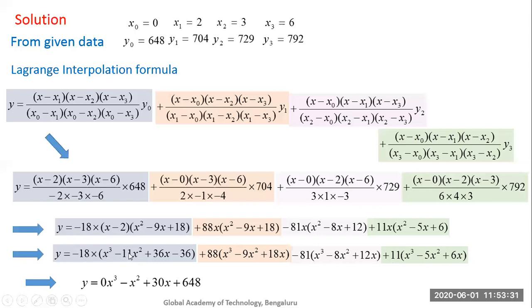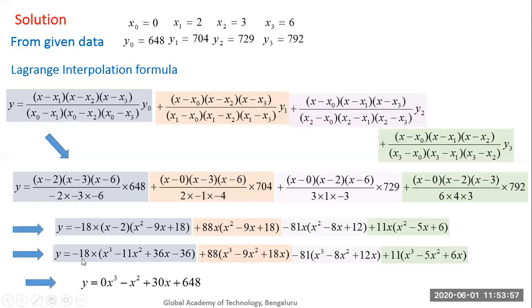Next, minus 18 into minus 11 plus 88 into minus 9 minus 81 into minus 8 plus 11 into minus 5. We get minus 1 into x square. Similarly, minus 18 into 36 plus 88 into 18 minus 81 into 12 plus 11 into 6, we get plus 30 into x.